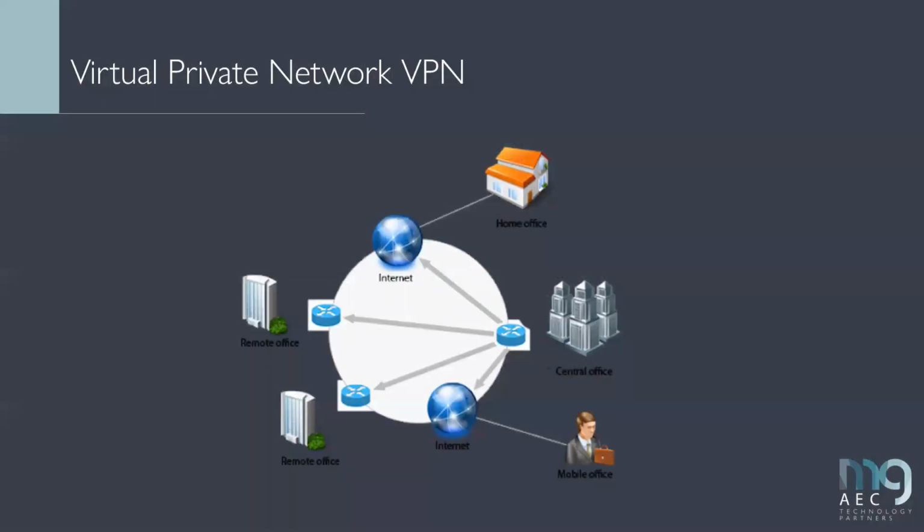Moving into virtual private network, or VPN, many of the clients that I deal with, prior to the situation we're all in right now, had VPN access to their office already in place. But just as a backup on what VPN is, you set up a virtual private network in your office on premises that users can access.